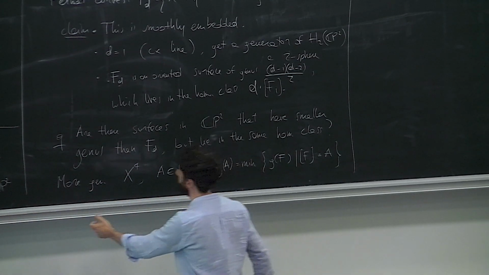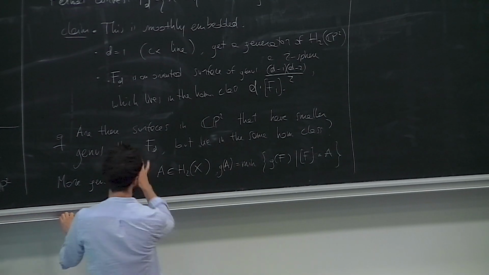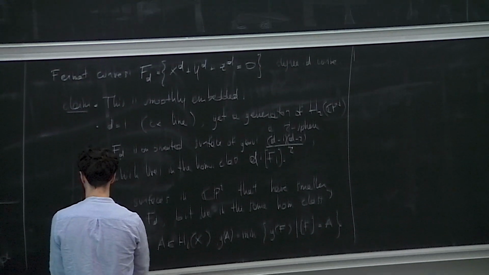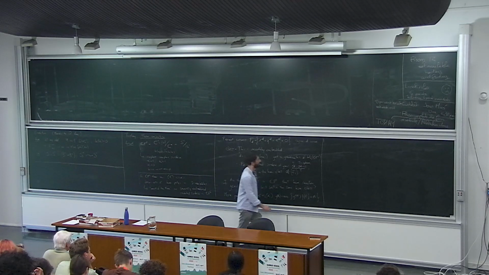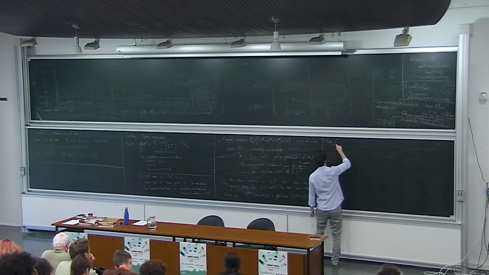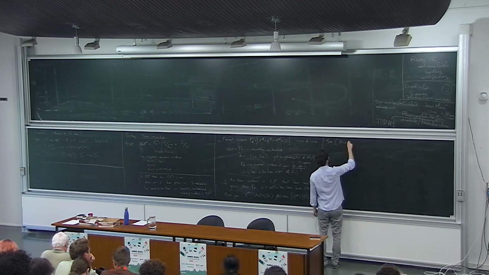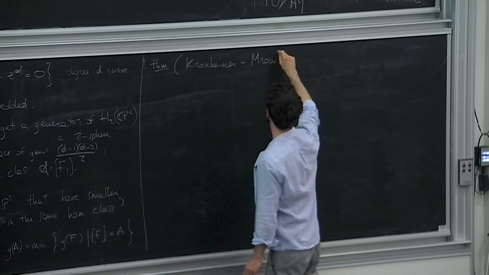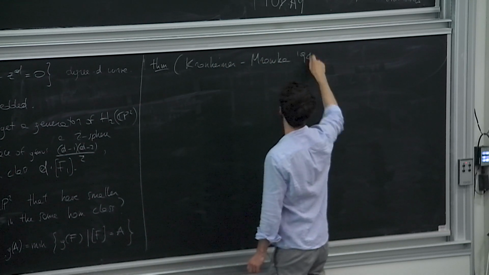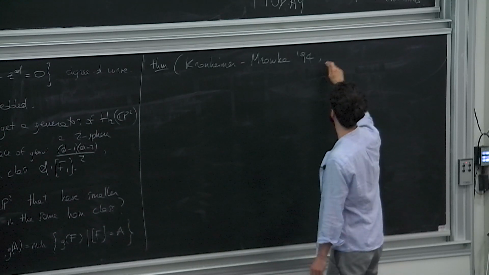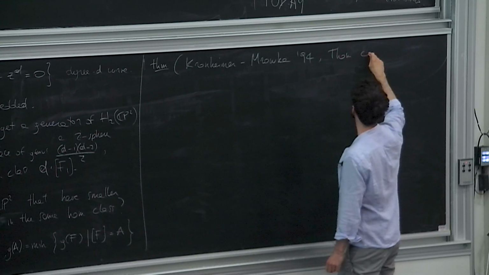So the Thom conjecture was that the answer is no, you cannot do better than this. And this turned into a theorem due to Kronheimer and Mrowka in '94, a very good year for four-manifolds. This was known as the Thom conjecture.